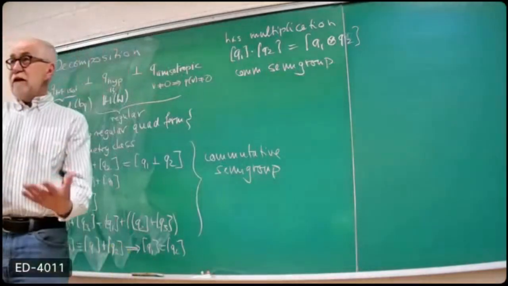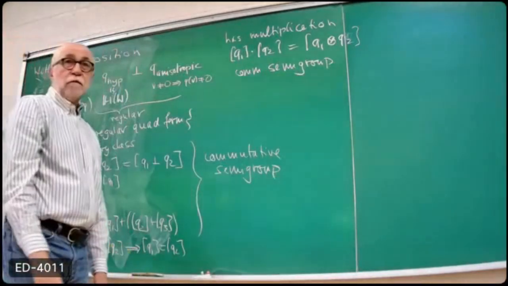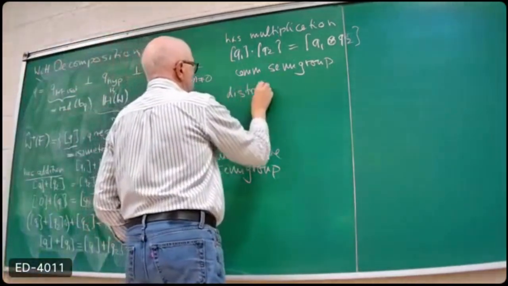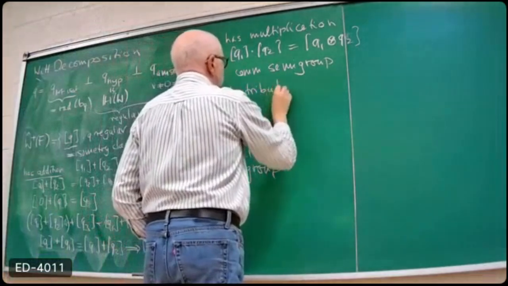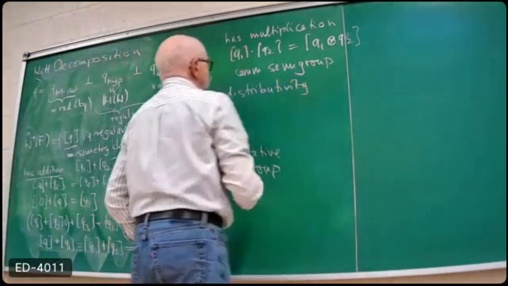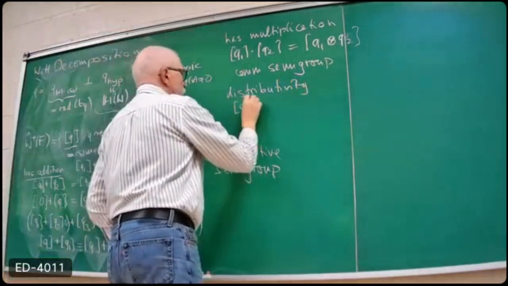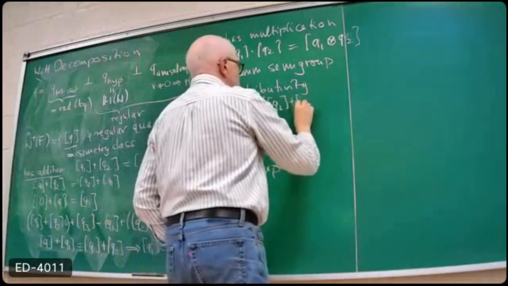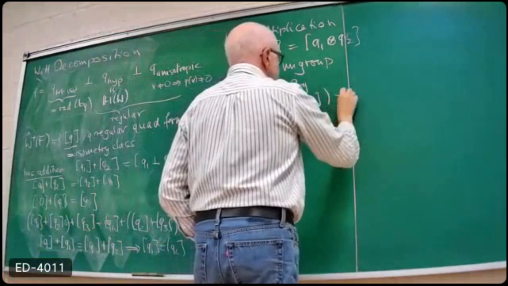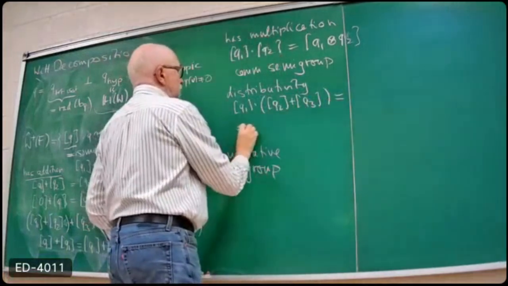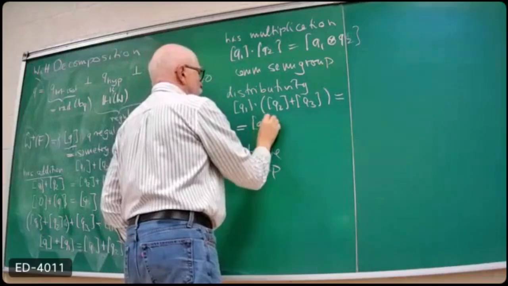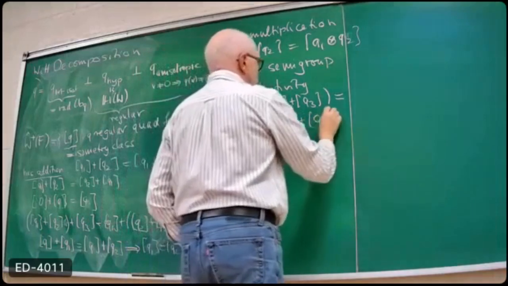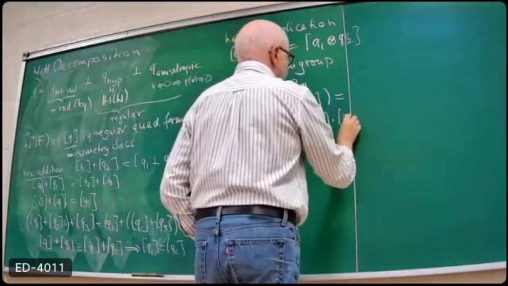And now we can link the two operations by distributivity. Q1 times (Q2 plus Q3) is the same as Q1 times Q2 plus Q1 times Q3.